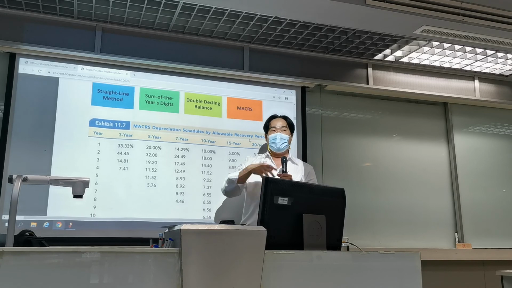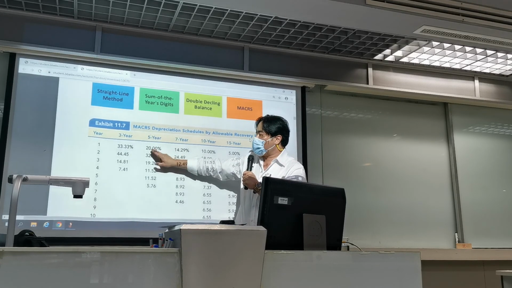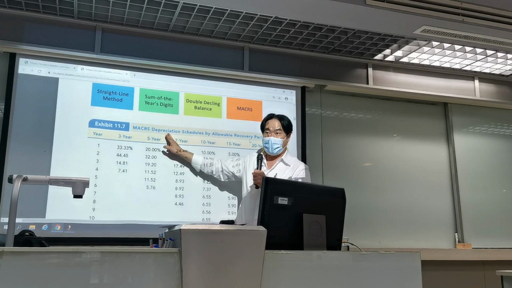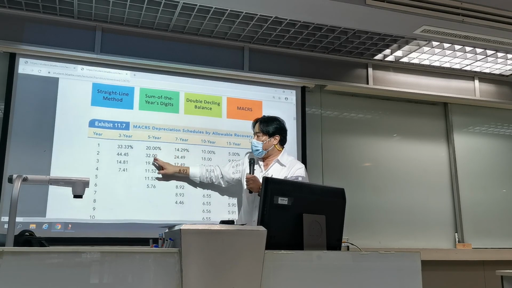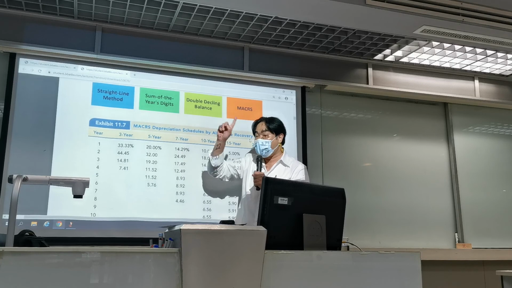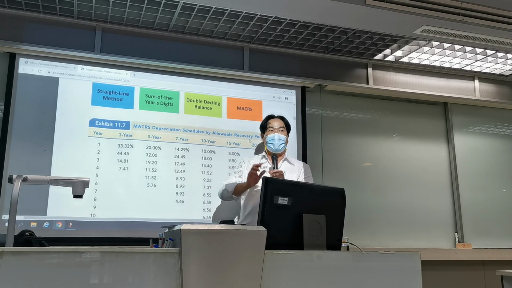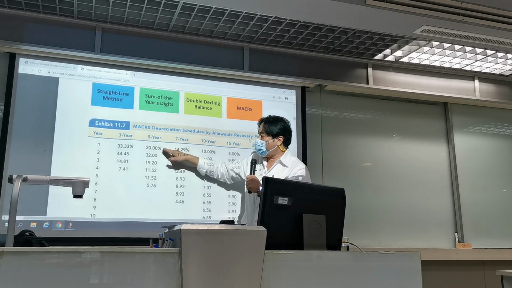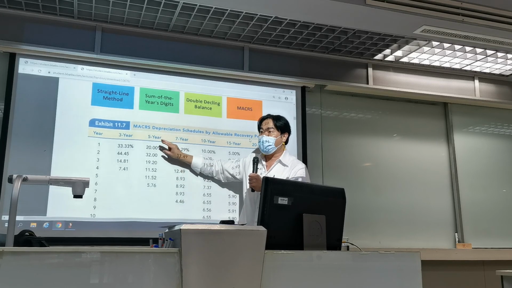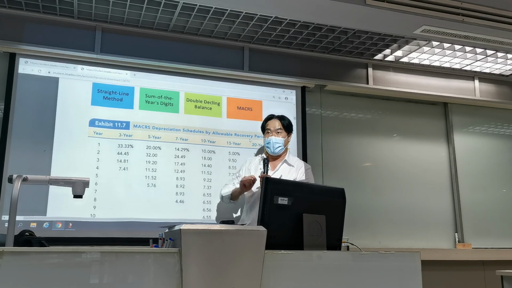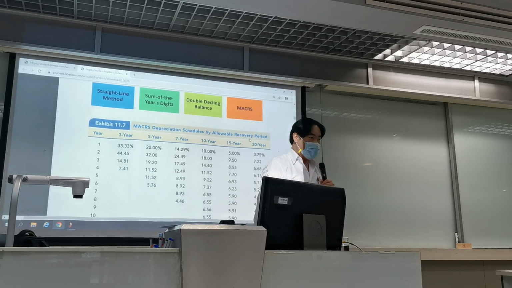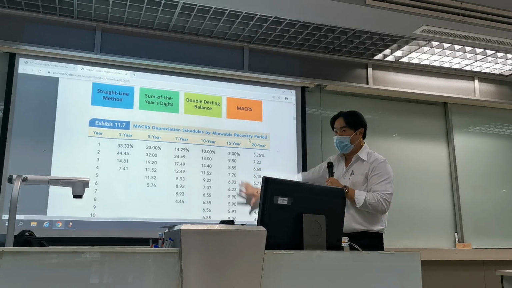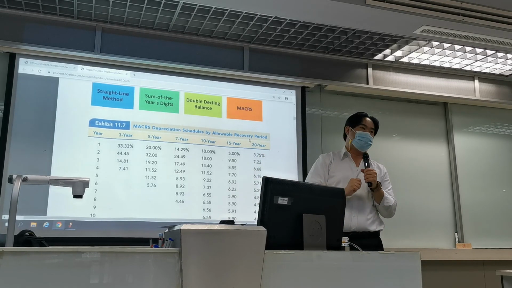For example, you get equipment of 1,000 baht, so the depreciation will be 20% of 1,000 baht. Next year, 32% of the same 1,000 baht. So you multiply your initial cost by each percentage and get depreciation year by year for MACRS. This is a very straightforward way. The table will be given like this, and then you calculate it.